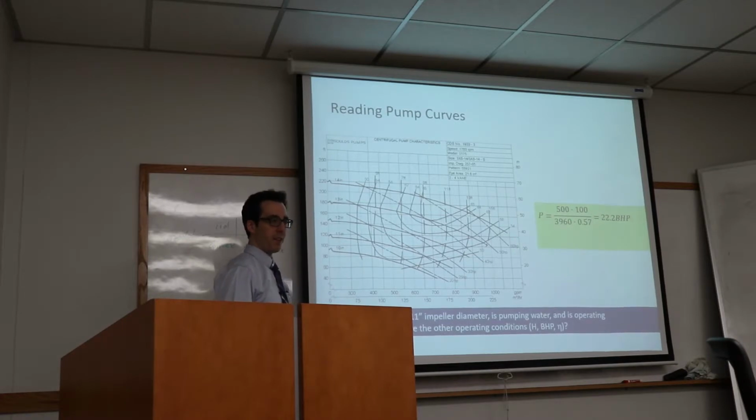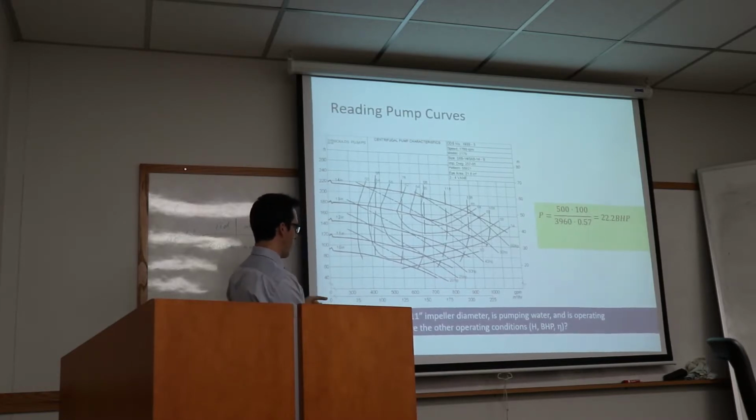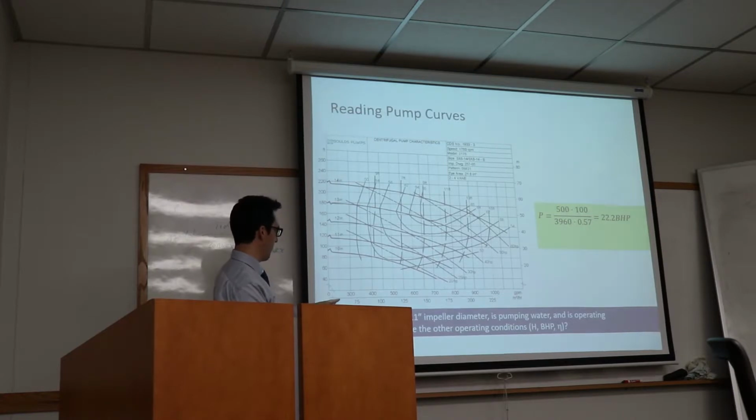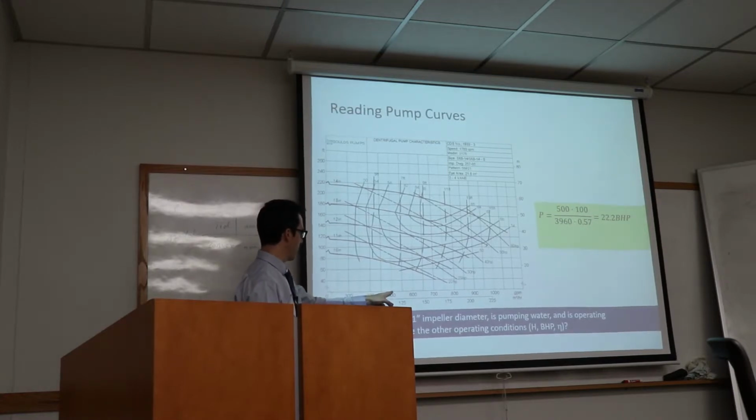Like I mentioned, for a given size of pump casing, you can look up the pump curve from the manufacturer, and they can help you do this. You can find a lot of these online these days. You find your impeller size, so we're given an 11-inch impeller, and then you read the other parameters. I like to start with the flow rate. We're given 500 GPM, so that puts us about here, and I'm going to read up.